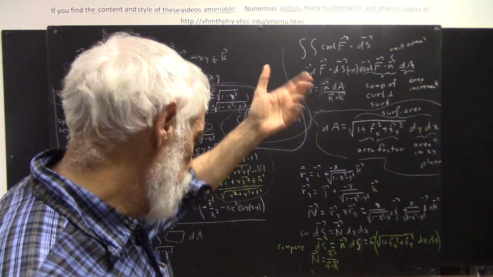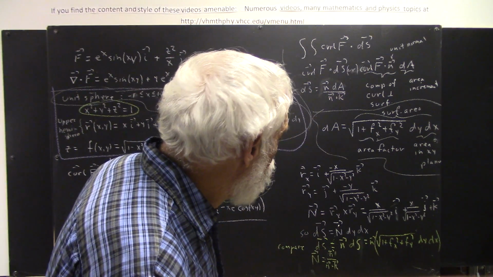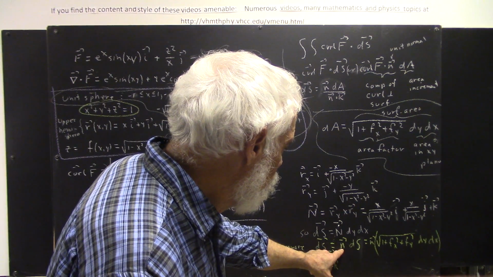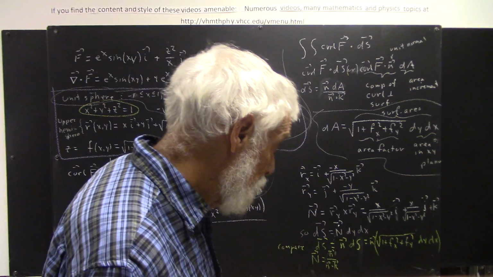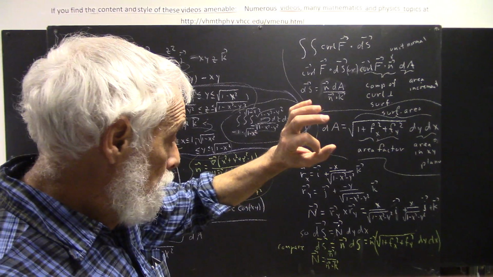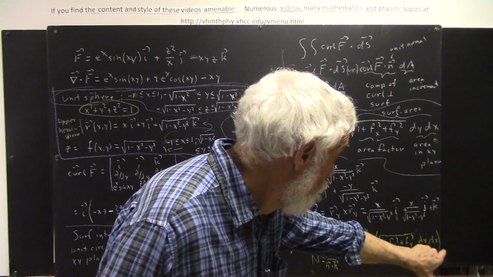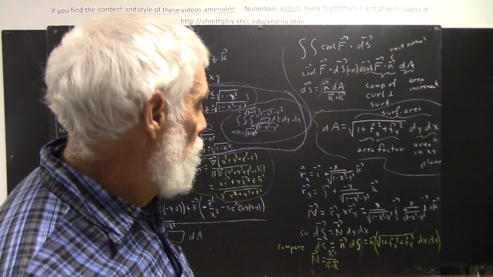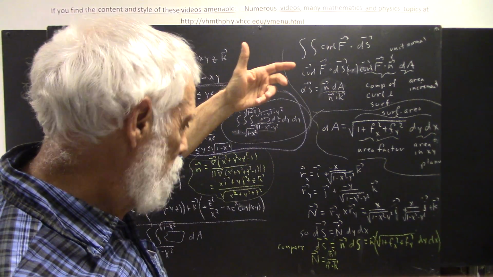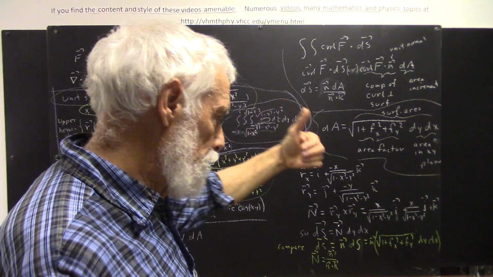It is equal to the unit normal times dS, where dS is the area of this increment, which you get by multiplying the dA, the area down in your xy plane, by the magnitude of n over n dot k.